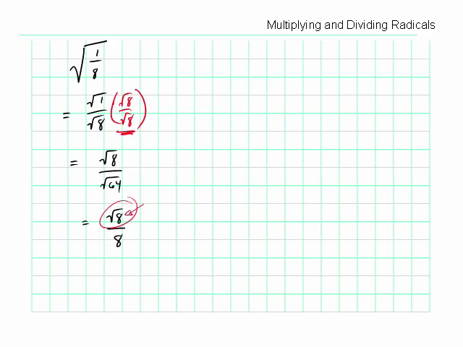Since 8 is 4 times 2, the square root of 4 is 2. The numerator simplifies to 2 square root 2 over 8. And then I can reduce right here, since it's all multiplication, 2 over 8 is a 4, and so my result is going to be the square root of 2 over 4, like that.